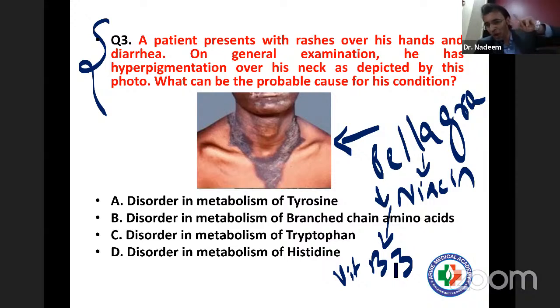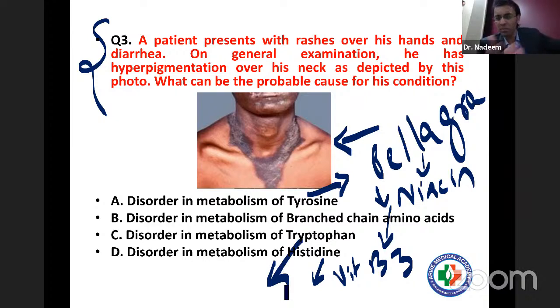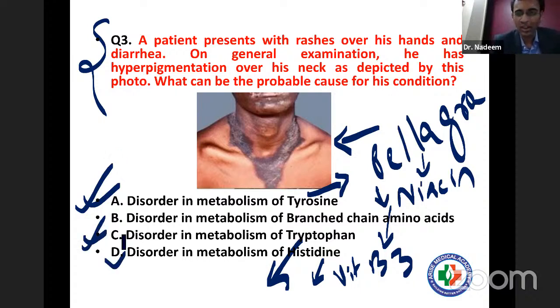If you are able to recall the metabolism of tyrosine, histidine, tryptophan, and branched chain amino acids, then niacin is a product of which amino acid? This can be the question. If you remember the metabolism of these amino acids, only then you can answer this one.